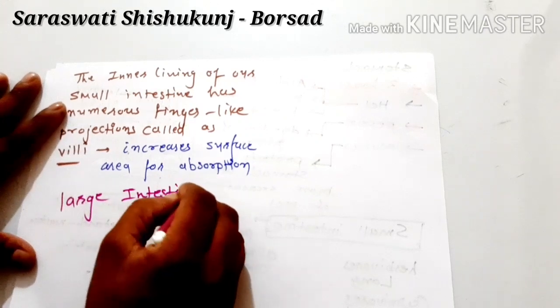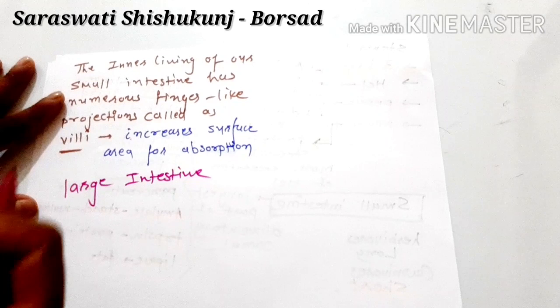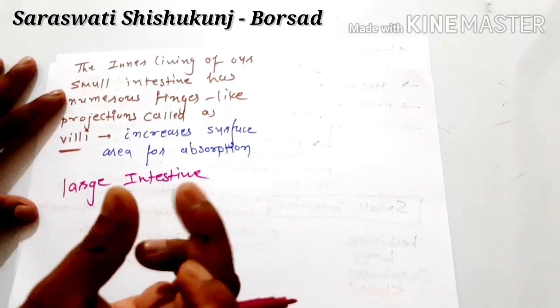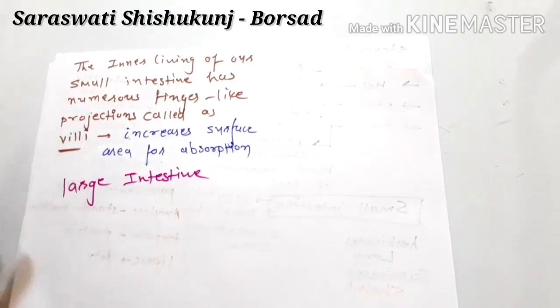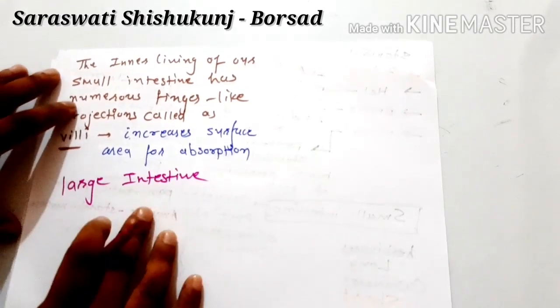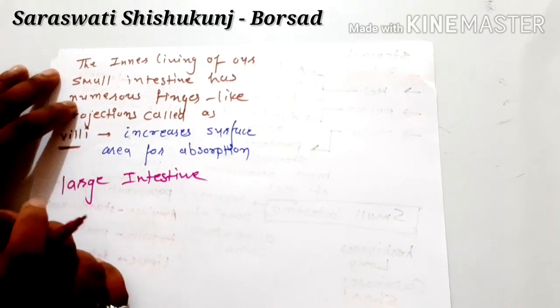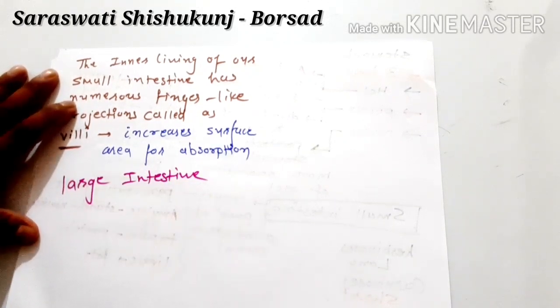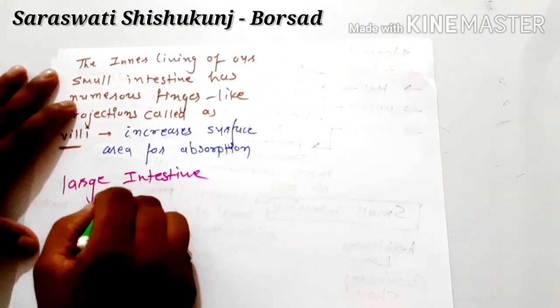As we discussed, the large intestine is not as long as the small intestine, it is shorter than the small intestine, but the width of the large intestine is more, so it is called large intestine. See, this large intestine is wider in diameter, and we have all heard this particular word, appendix, right?